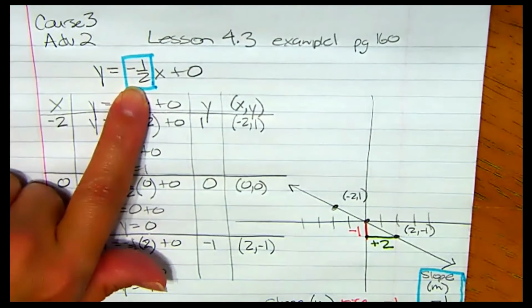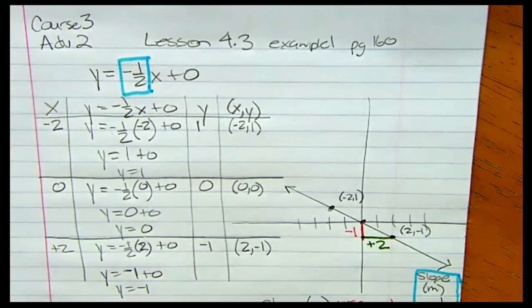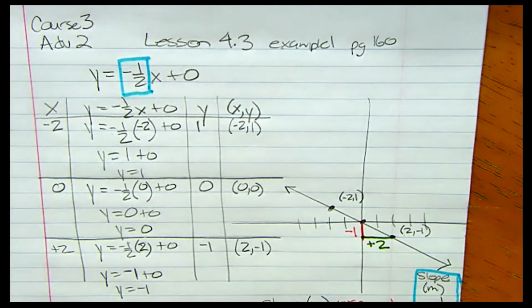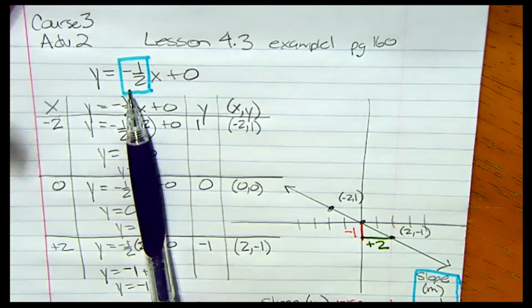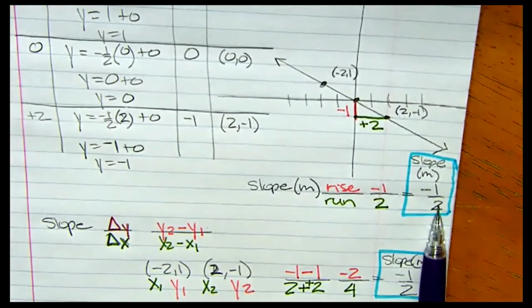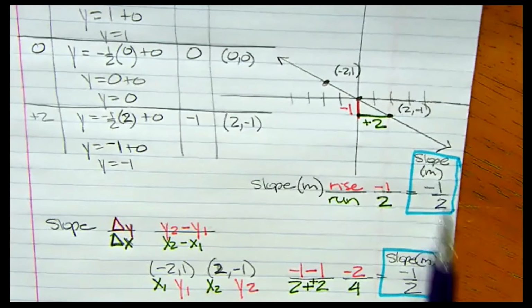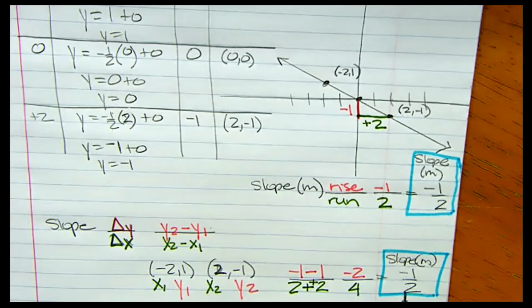The coefficient that's attached to x is our slope. It has always been that way. That can be shown when we graph the equation or by using the formula and 2 points.